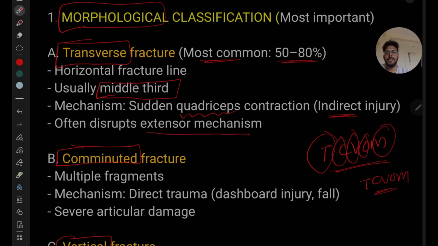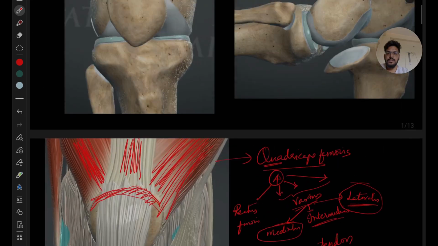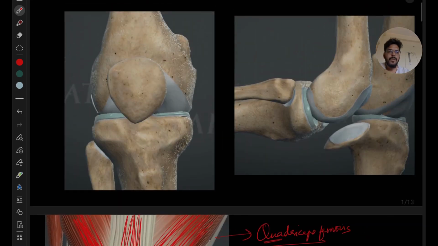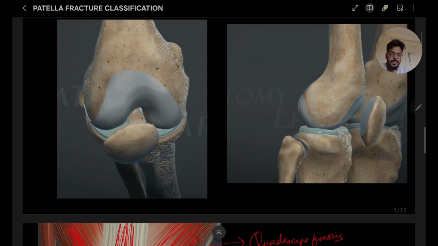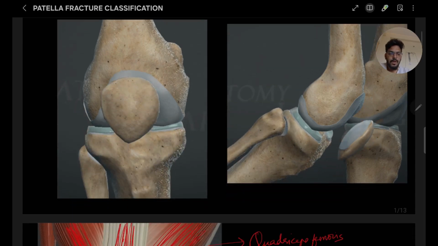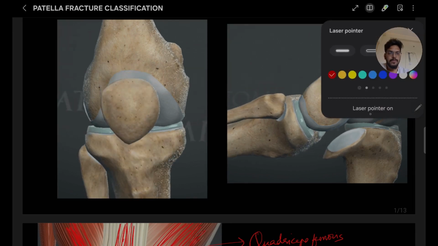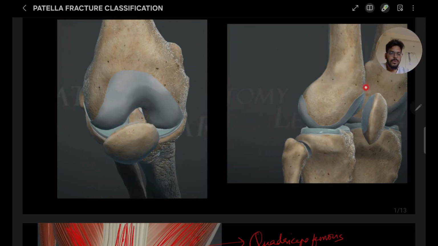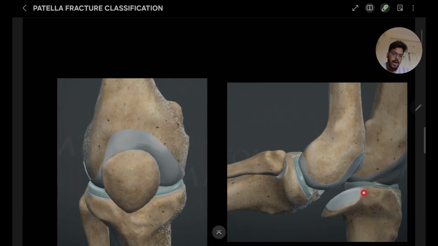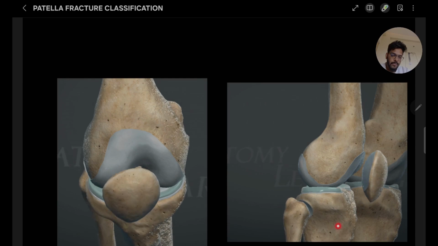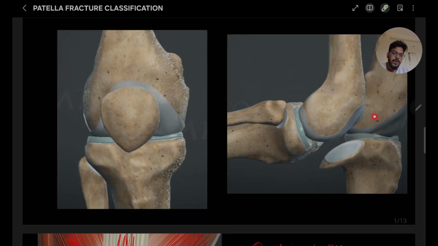What is this extensor mechanism? So look at this video. The extensor mechanism is when the quadriceps muscle along with the patella, along with the patellar ligament, this whole will work as in a single unison fashion.